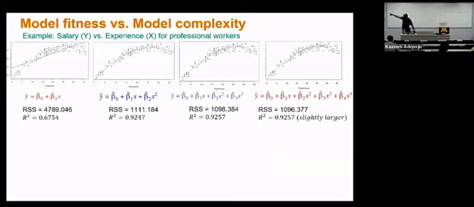The RSS was that, the R square was that. When we fit first order polynomial, second order, and so on, what happened? You're going to see that when you increase the order of the polynomial, the RSS goes down and the R square goes up.